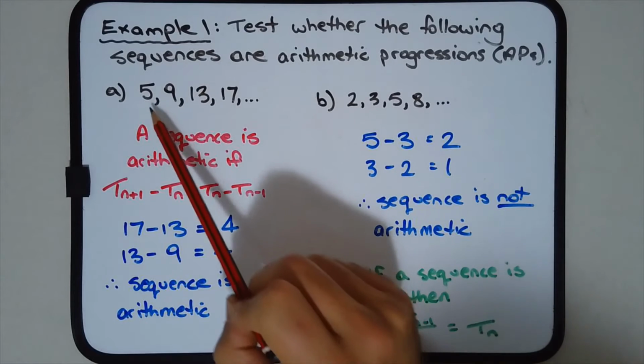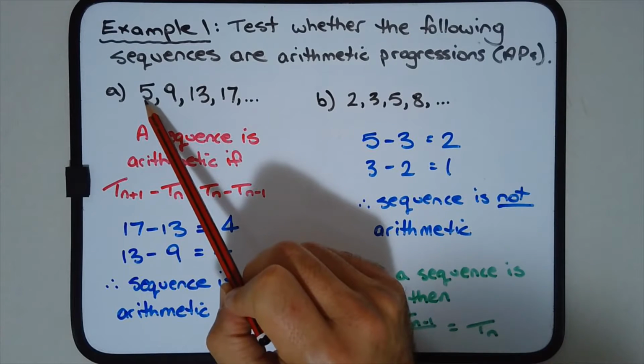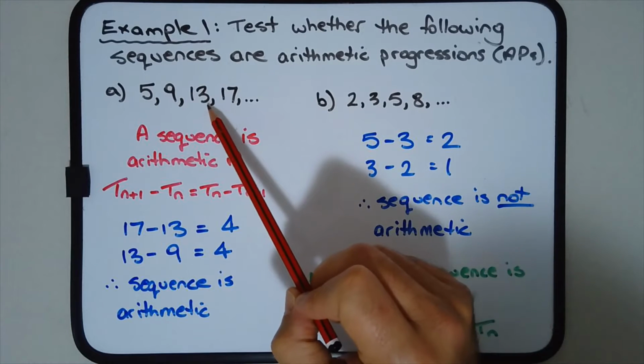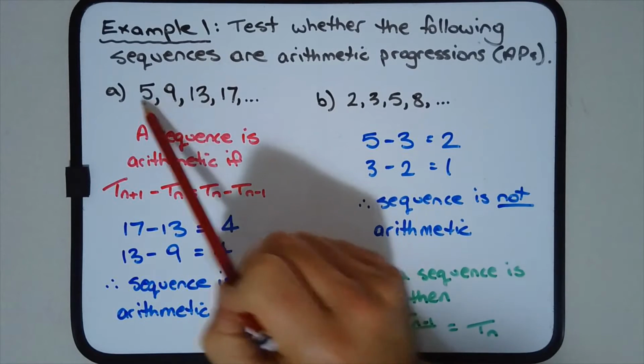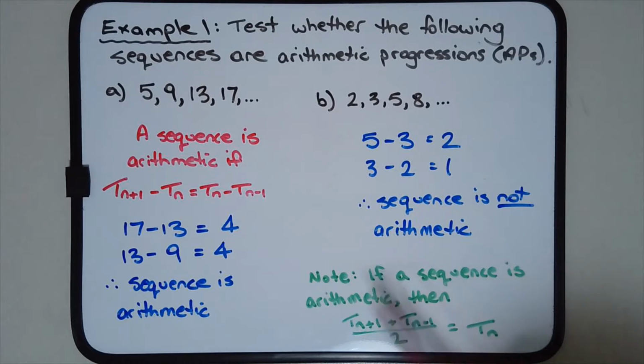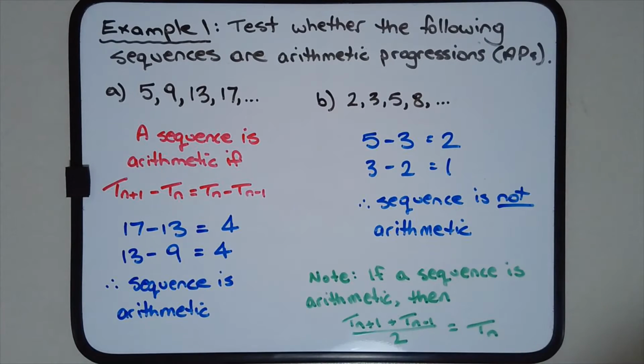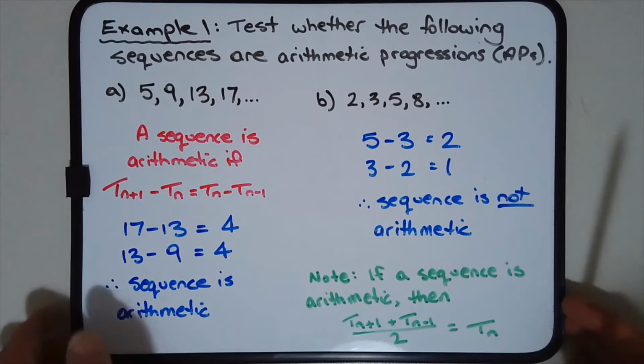So in this case, the average of 5 and 13: 5 plus 13 is 18, divided by 2 equals 9, and that equals the term in between. So basically it's just a rearrangement of this definition here, but it is another useful way to show if a sequence is arithmetic or not.